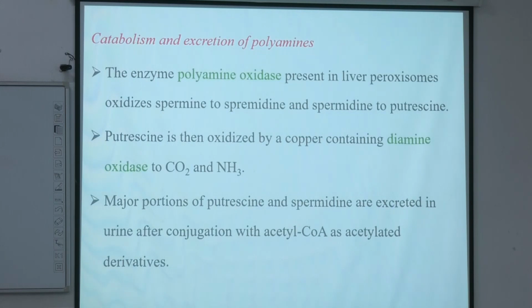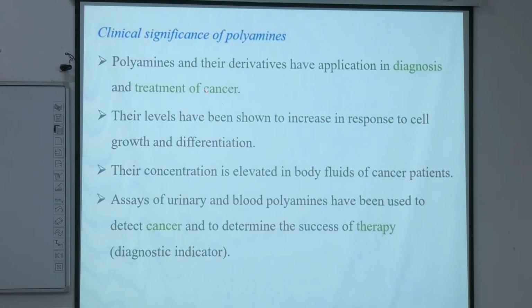These are majorly important in the treatment of cancer and diagnosis, and assay of urinary and blood polyamines is used for cancer and successive therapy.